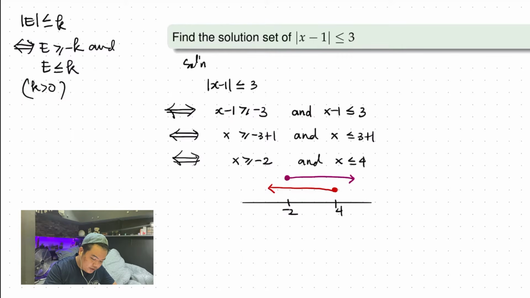Asa na intersection yan? Kasali si negative 2 tsaka si 4 kasi parehang may point doon. So, ang solution set nito ay the closed interval from negative 2 to 4.